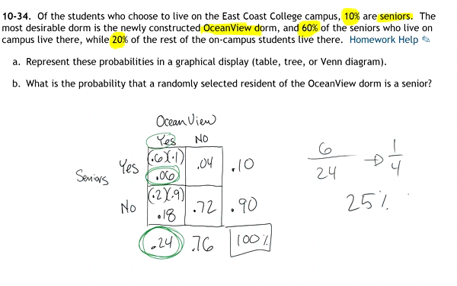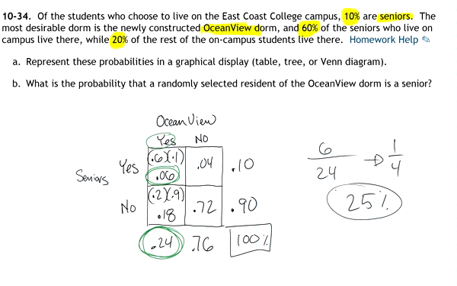Now Ocean View, it does have most of the seniors that live on campus live there, but it's a pretty big facility, and only 18% of the non-seniors that live on campus live there. But the probability that I pick someone from that building that is a senior is high. It's 25%.